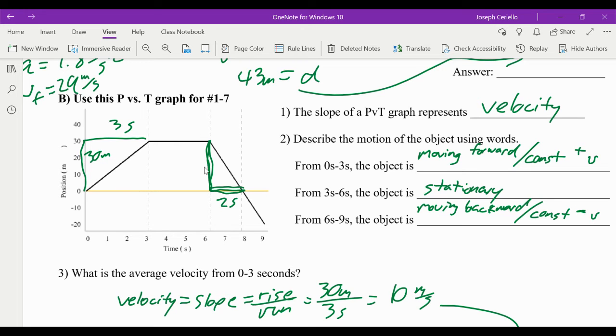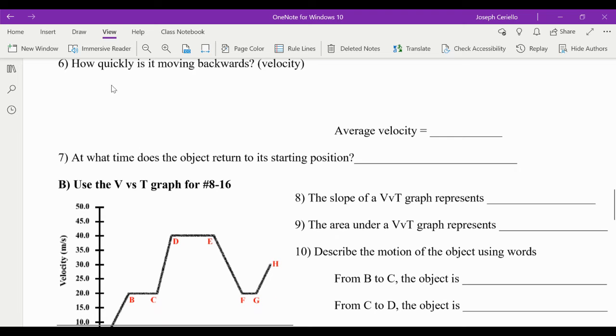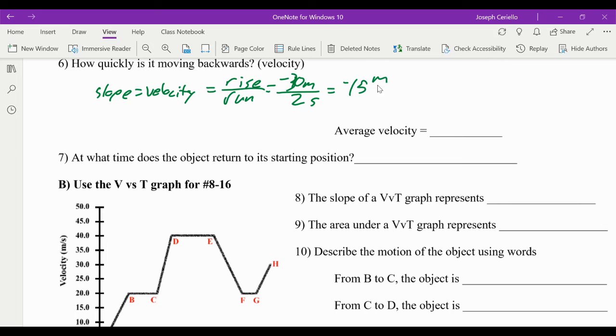And the rise here is 30, but it's going down by 30, so it's actually negative 30 meters. So slope equals velocity, which equals rise over run, which equals negative 30 meters over 2 seconds, negative 15 meters per second. All right, there we have it.